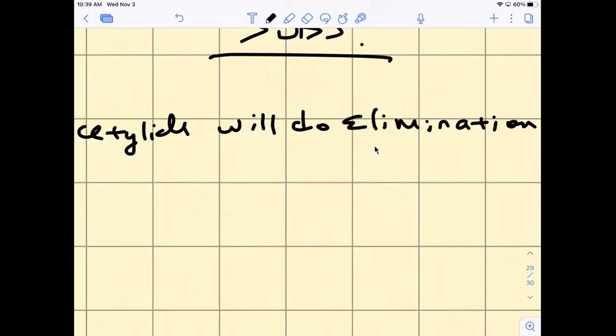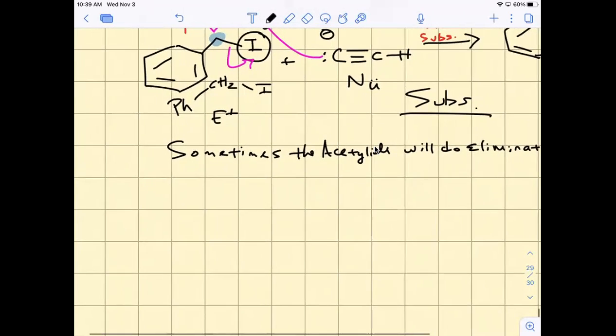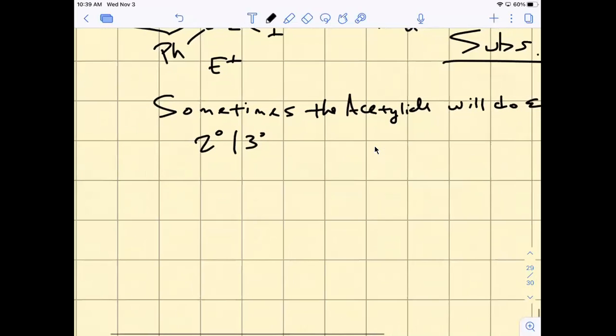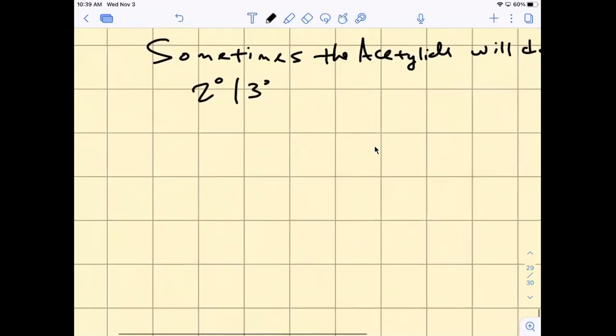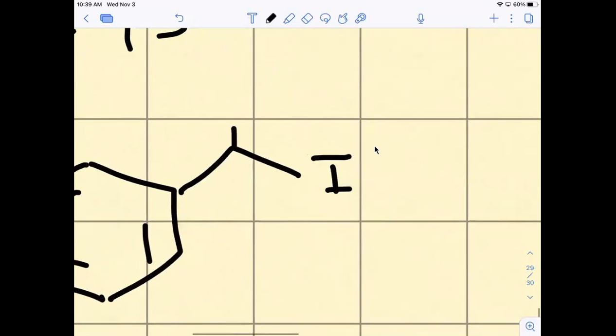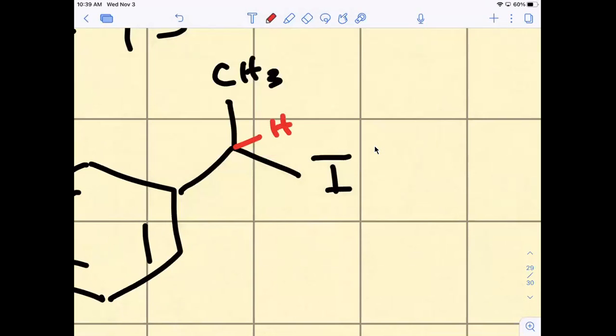So sometimes it'll do elimination, but the carbon has to be secondary or tertiary, right? So if I took a substrate similar to that one up top, but instead of it being primary, I added another carbon here, made it secondary, and then this is the proton right here, right?